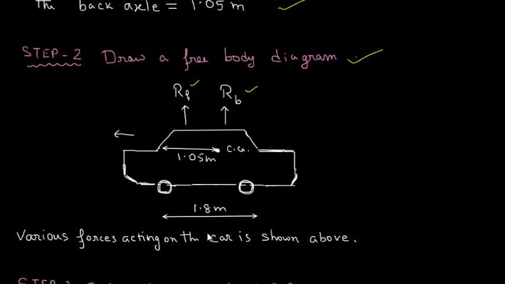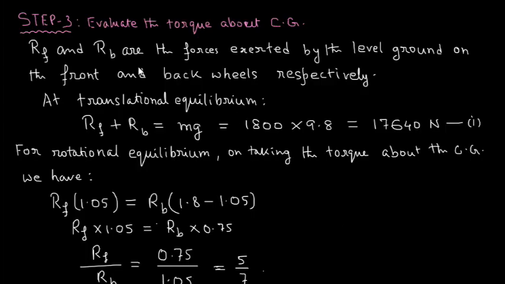Various forces acting are shown in the figure. So let us move to step 3. RF and RB are the forces exerted by the level ground on the front and back wheel respectively. At translational equilibrium, RF plus RB is equal to mg.